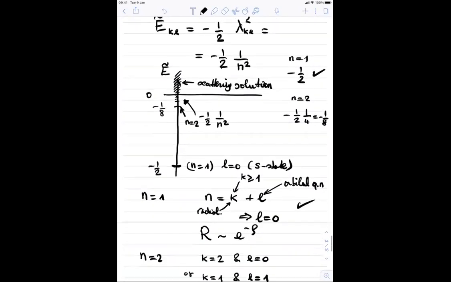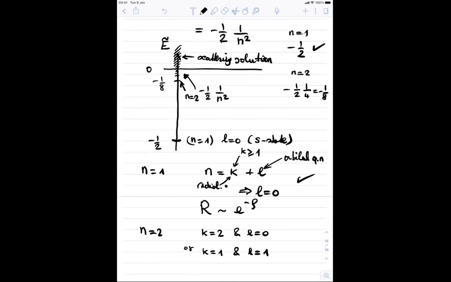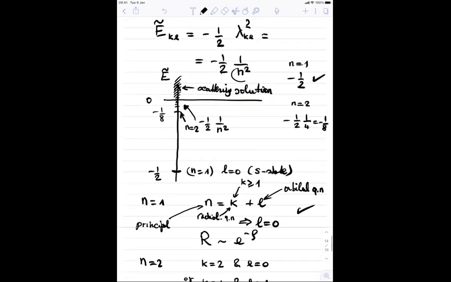And this is called the principal quantum number, because it's the sum of these two quantum numbers, but it's the one that enters into the energy, really.